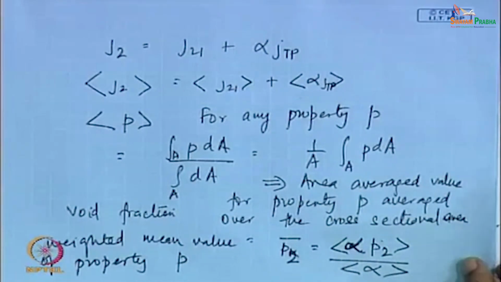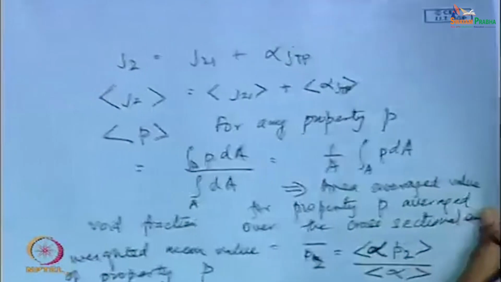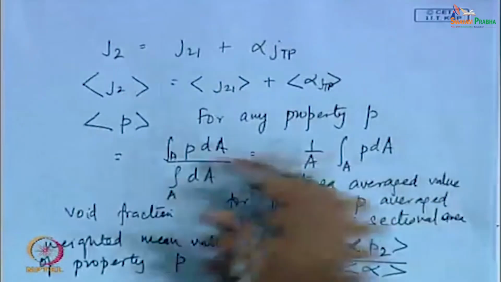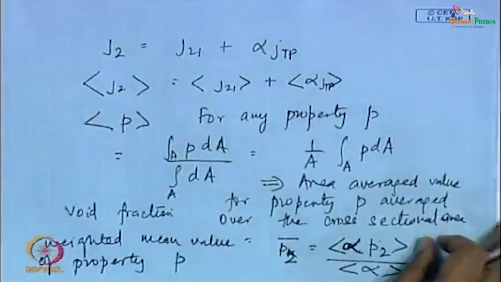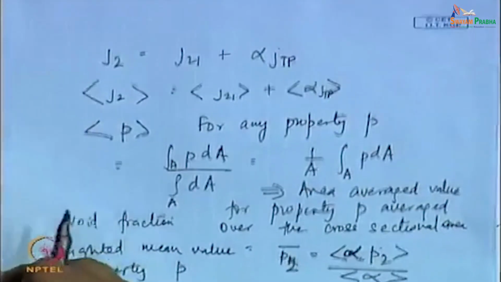Agreed. So, accordingly, the different mixture properties which we get should be averaged over the entire cross sectional area. Just like I have written it down for J2, similarly for rho Tp also I can get the expression.